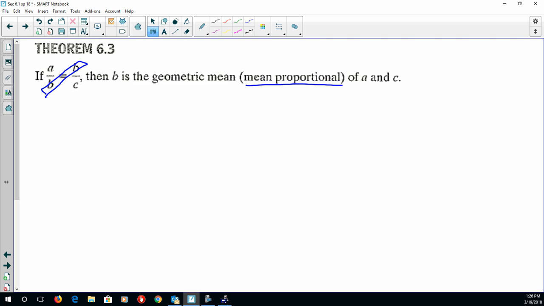Okay, and the proof is something like this. If we do the means extremes product property, otherwise multiply everything on both sides by BC, we get A times C. And over here, if we multiply by BC, the C's cancel, equals BB, so AC equals B squared.